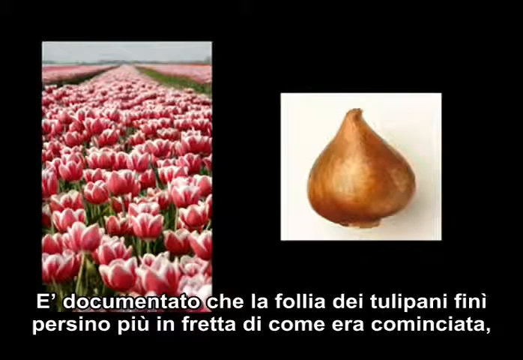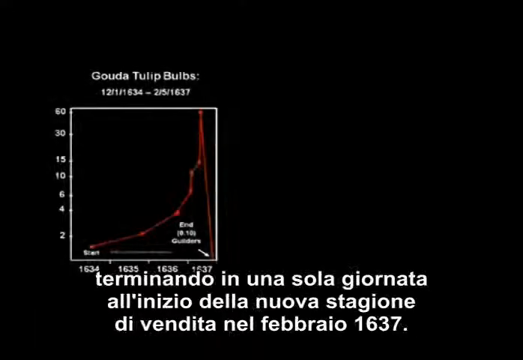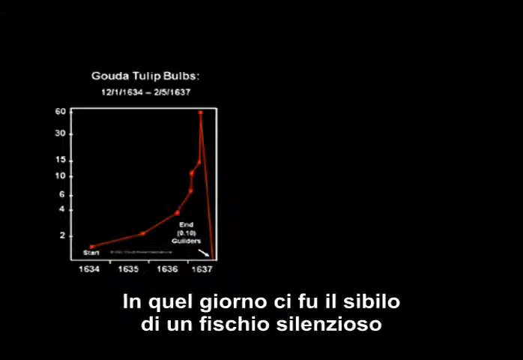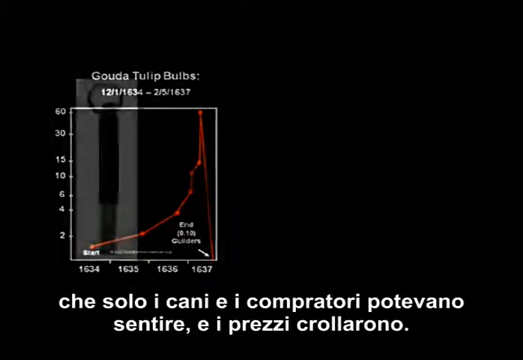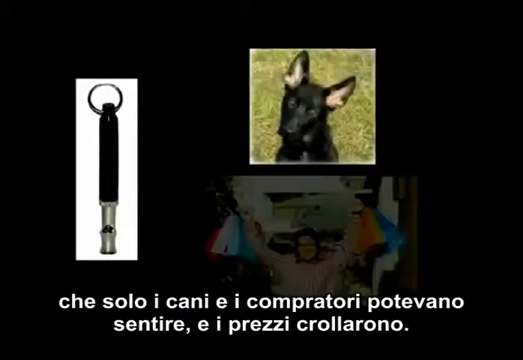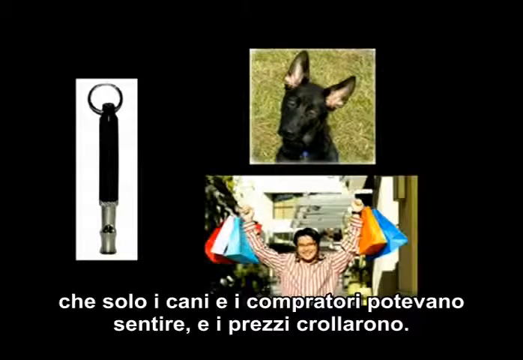It is recorded that the tulip craze ended even more suddenly than it began, ending almost in a single day at the start of the new selling season in February of 1637. On that day, a silent whistle blew that only dogs and buyers could hear, and prices crashed.